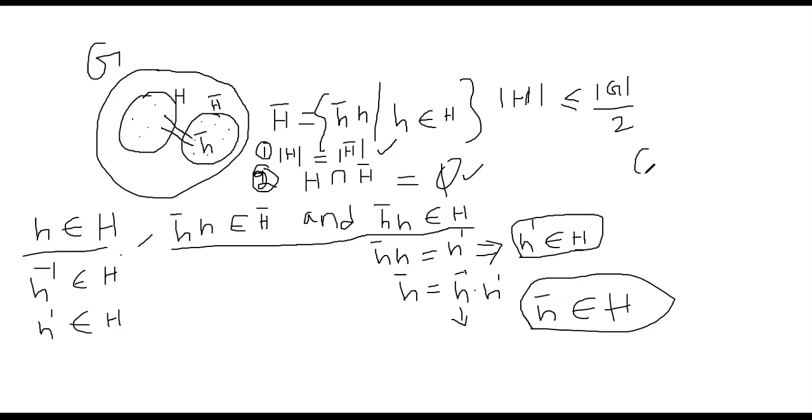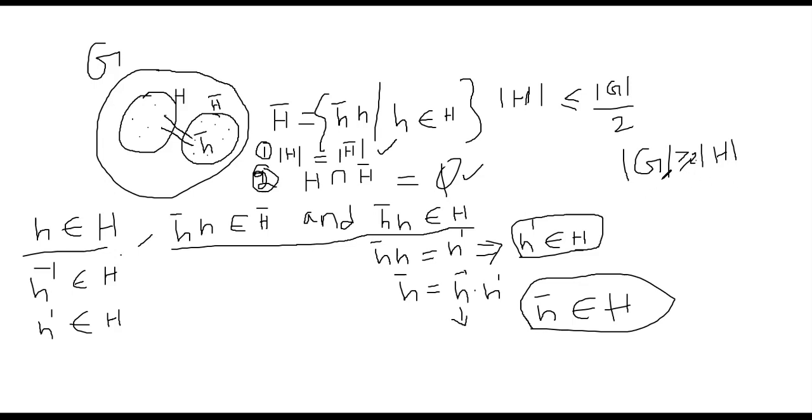So we do know that the number of elements in G must be at least the number of elements in H and the number of elements in H bar. But we proved that H bar has the same elements as H, therefore the same number of elements as H. Therefore, I can just write it as 2 times H.